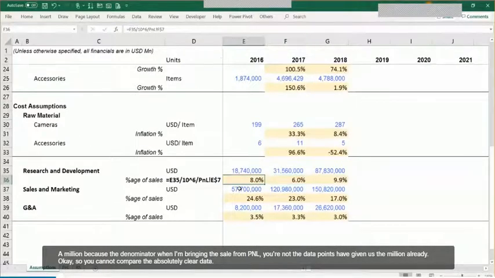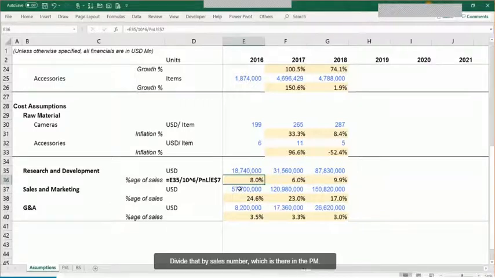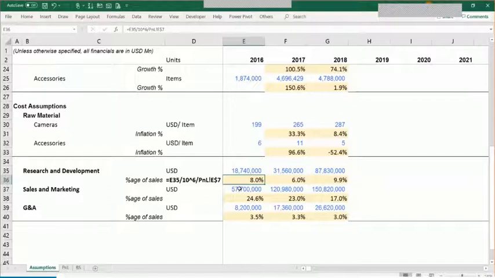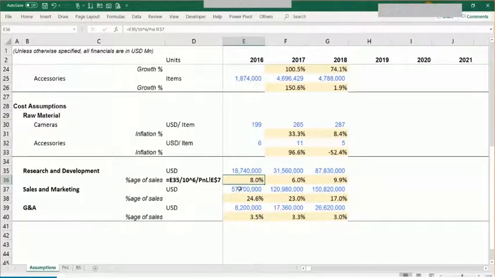So first I am dividing the numerator by a million, which is nothing but 10 raised to the power 6, because 1 million has 6 zeros. So I'm taking 10 raised to the power 6 to convert the absolute USD into USD million. And then in the next stage, you divide that by the sales number which is there in the P&L. And when you pick the sales number from the P&L, you need to make sure that you fix row number 7, because you have to copy and paste this formula down as well.